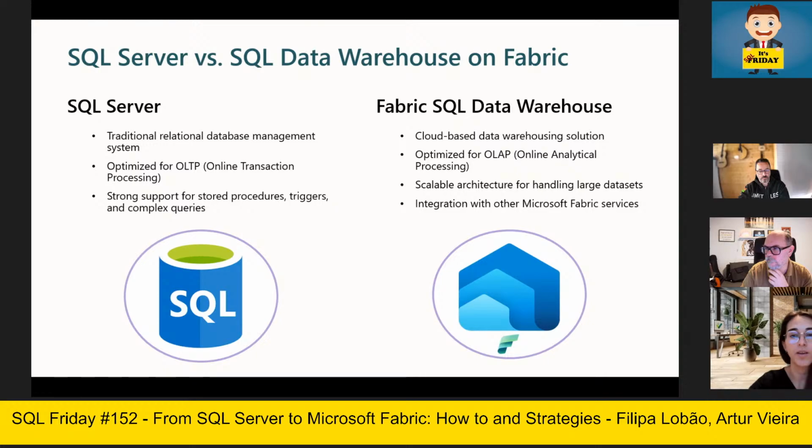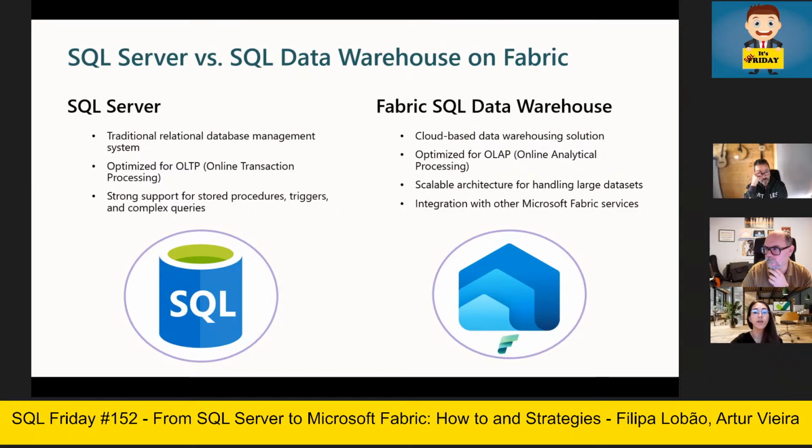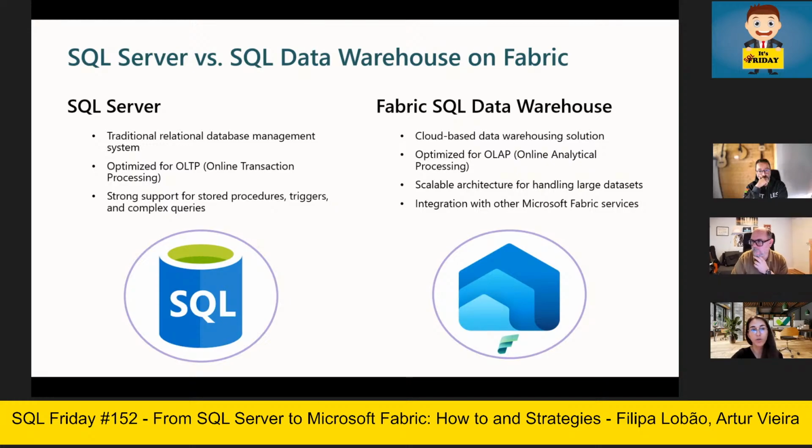In terms of cost and licensing, we know that the SQL Server license is typically based on the number of cores or servers utilized. It could be deployed on-prem or in the cloud, for example, as an Azure SQL Database instead. And Fabric Data Warehouse offers a software as a service product, right? So it is a consumption-based pricing model.